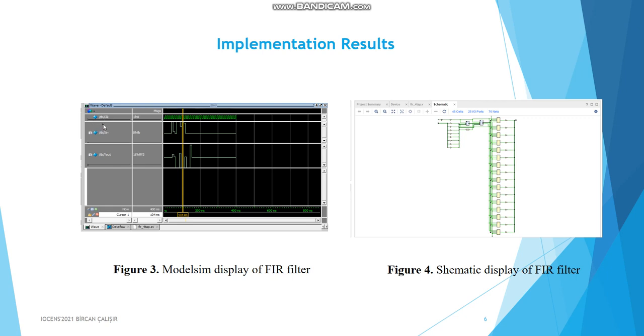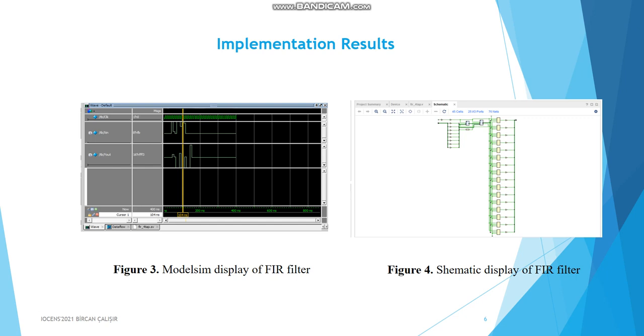After ModelSim simulation, the prototype filter is realized with Vivado 2017.4 with HDL programming. The obtained display of prototype filter schematic is illustrated with Figure 4 that has a complex structure with 45 cells, 25 input-output ports, and 75 nets.